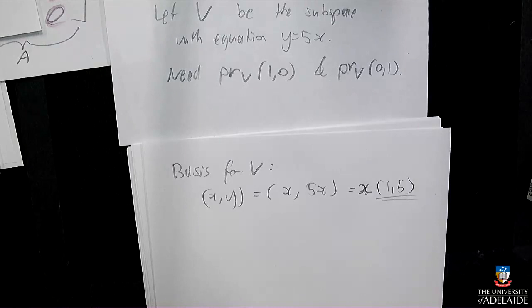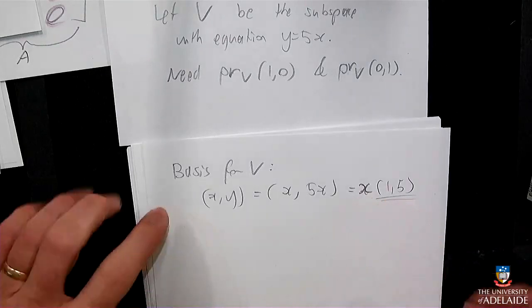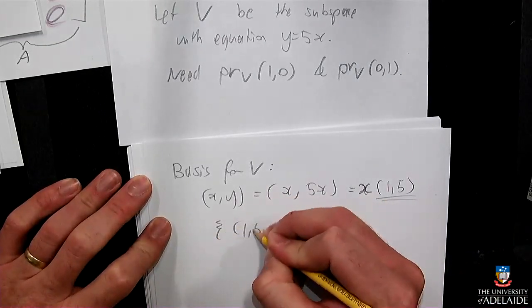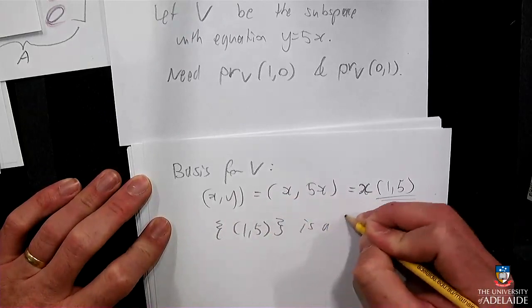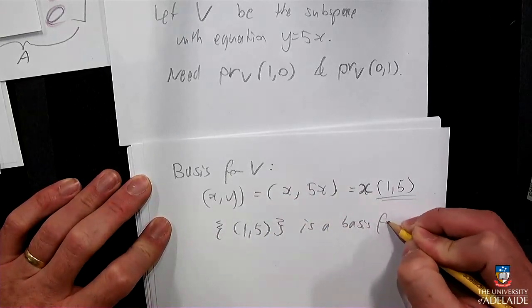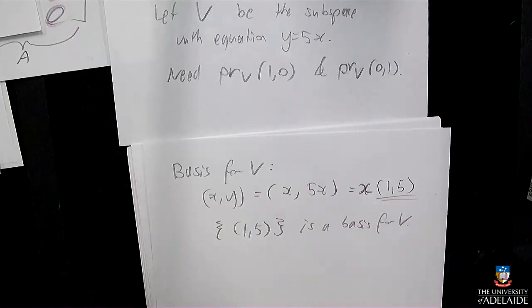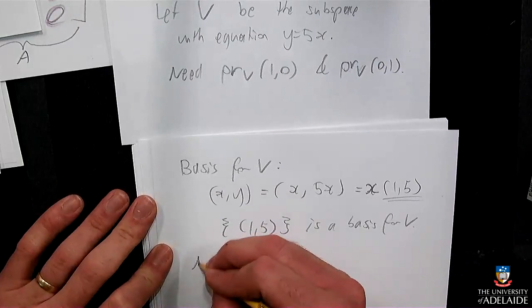Cool. So this is a description of all the points in V, and so therefore (1, 5). I need an orthonormal basis for V. I've only got one vector, and I'm going to have to do the Gram-Schmidt process, which begins by normalizing the first vector, and that's the only vector I have.